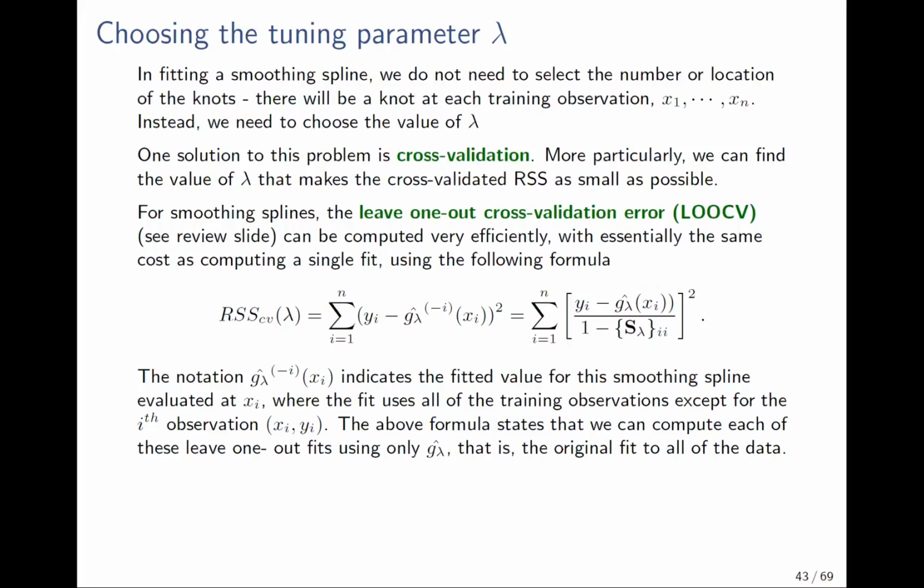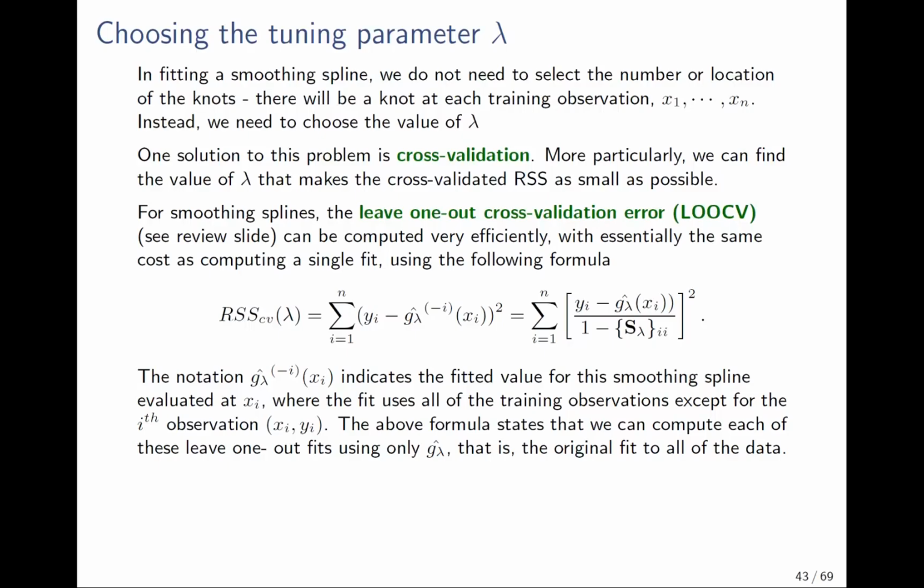Now, in fitting a smoothing spline, we don't need to select the number or location of knots. There's going to be a knot at each training observation. What we're going to do is choose the value of lambda that's going to shrink those parameters down, that's going to penalize. Now, one possible solution to this problem is cross-validation, which we talked about previously.